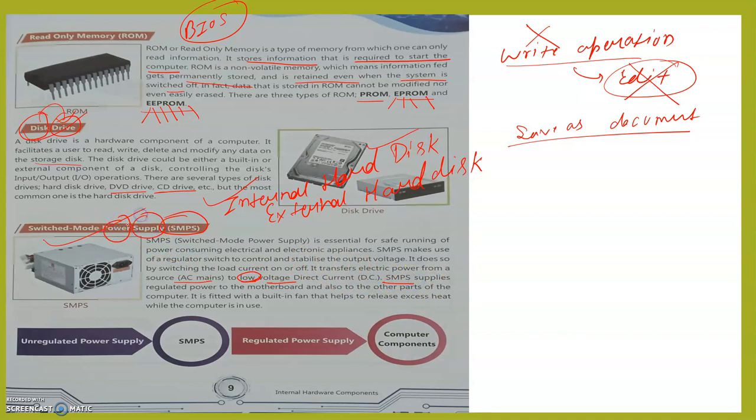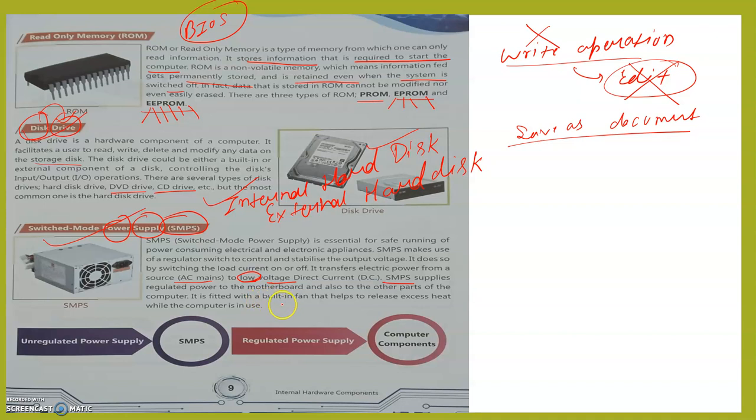Power supply is what? To supply the power where? In between internal hardware components. So which kind of power does it supply? It supplies stabilized current or stabilized voltage to the motherboard components, so that all the components can work smoothly.